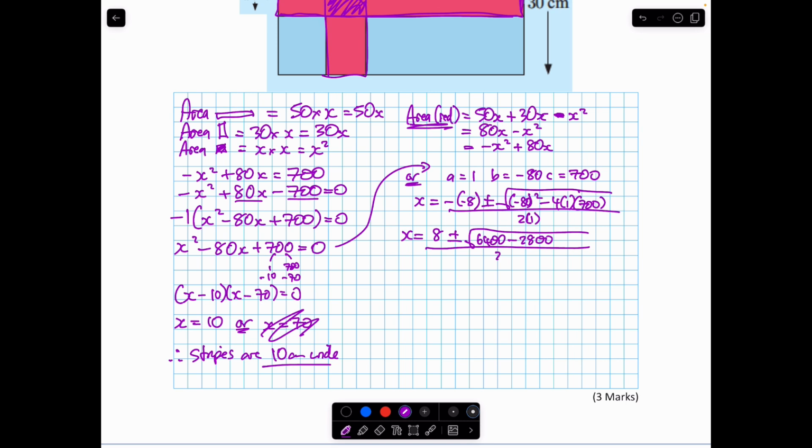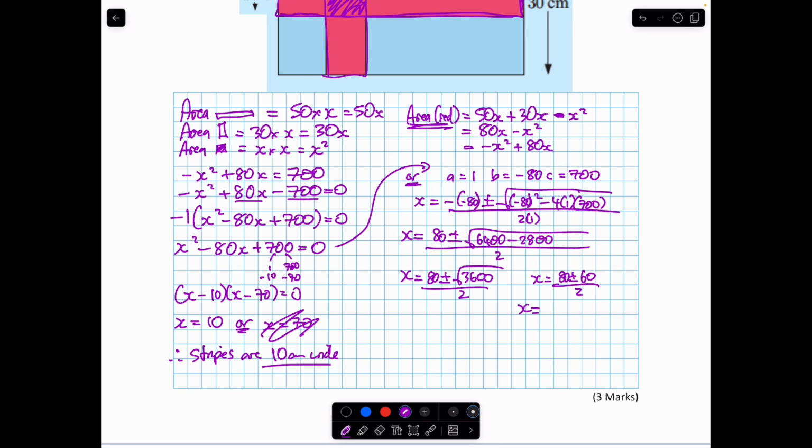Over 2. x is equal to 80 plus or minus 6,400 take 2,800 is going to be 3,600 over 2. The square root of 3,600 is 60, so x is going to be 80 plus or minus 60 over 2.